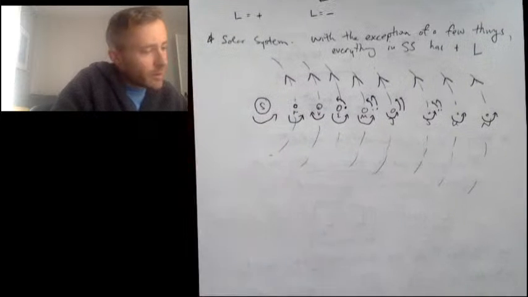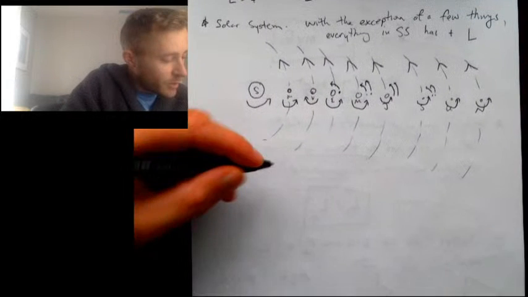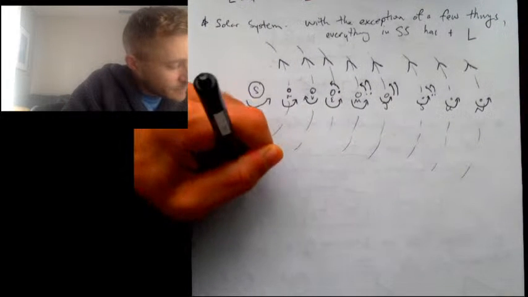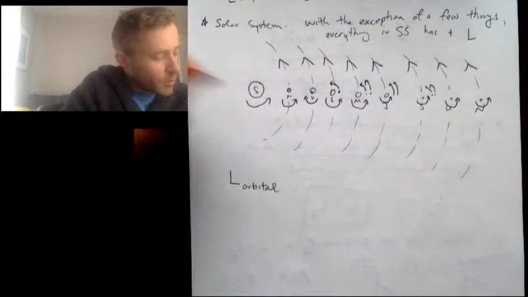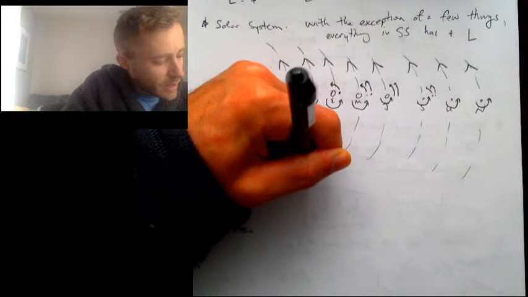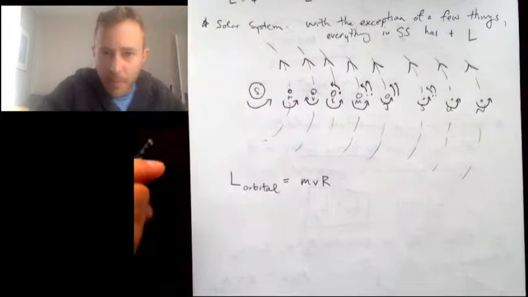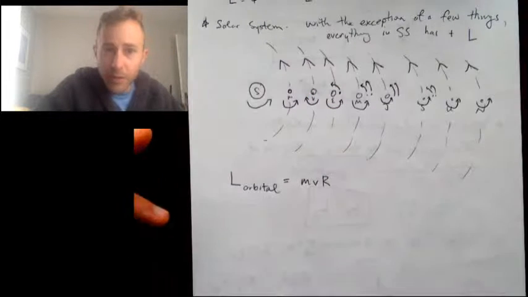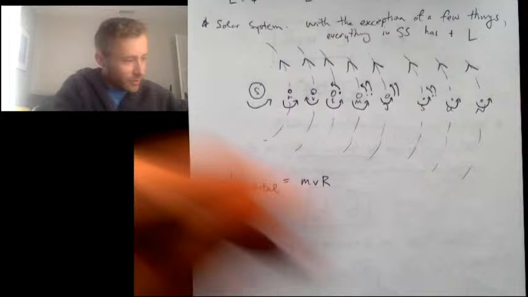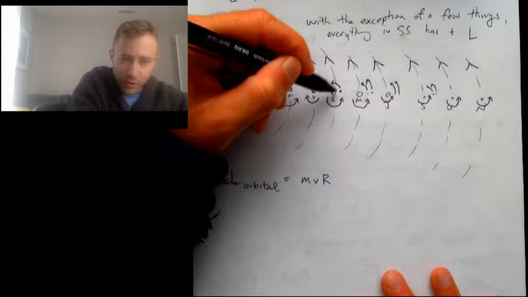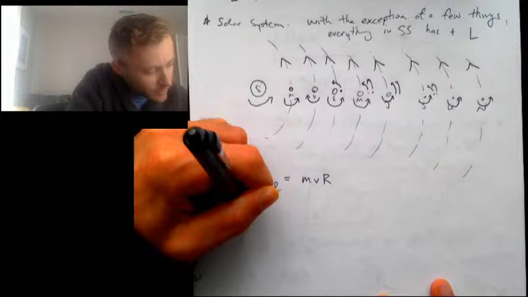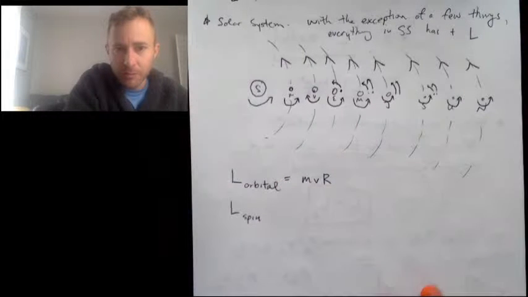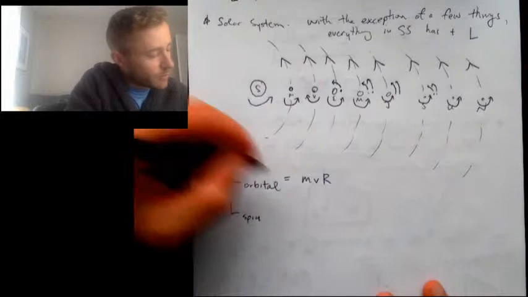So the orbital angular momentum is given by mvr. Okay, but there is also this fact that as the thing is orbiting, it could be spinning. So we also have the concept of spin angular momentum, and the formula is different.